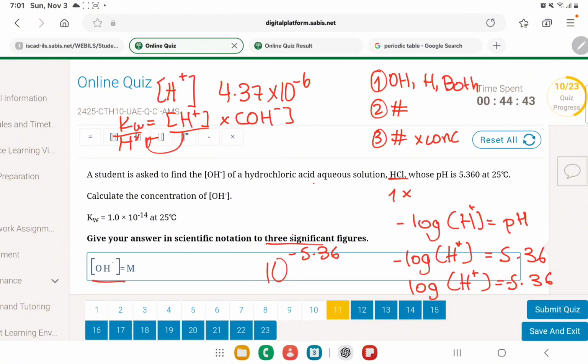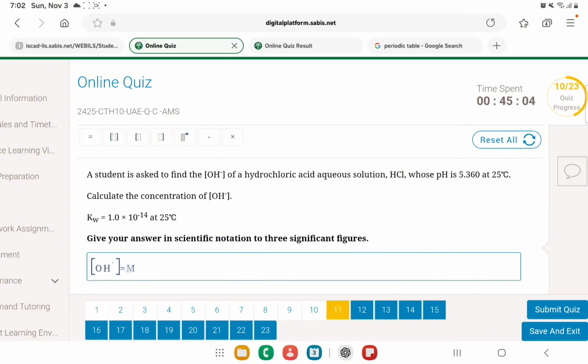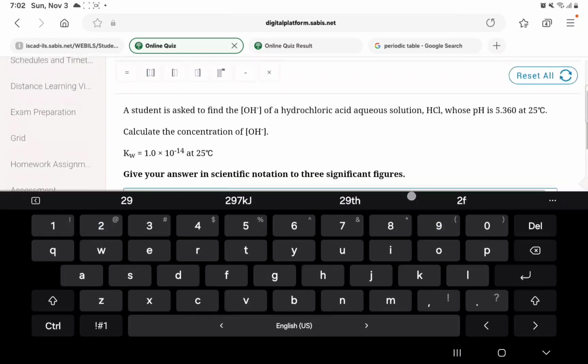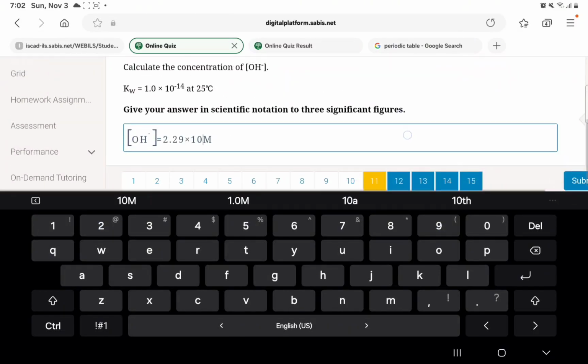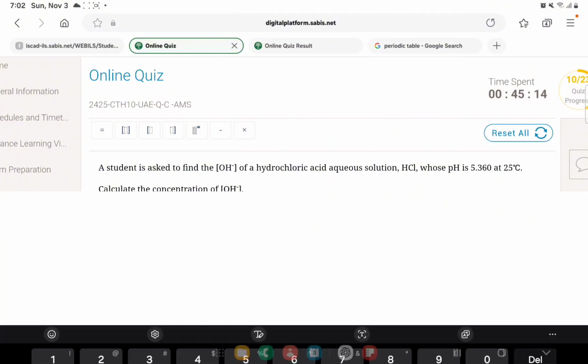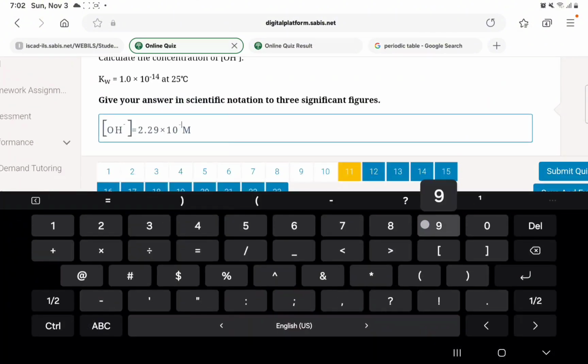Okay, so we're going to get 2.29 times 10 to the power of negative 9. That would be the concentration of OH minus, sorry.